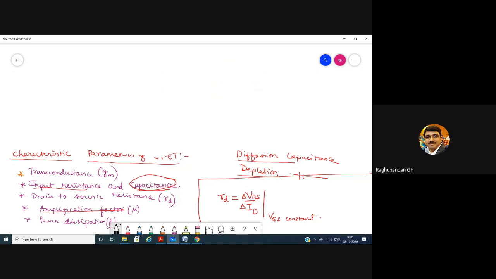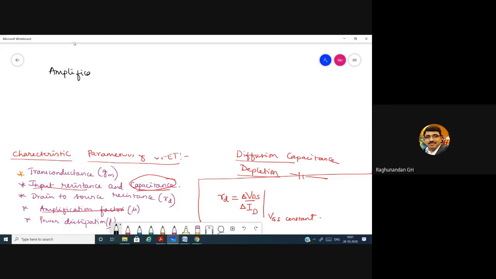In the speaker, we were listening to the amplified version of her voice. Input was given at one side, output we are getting at the other side. So amplification factor is nothing but the gain of the device. Very good.